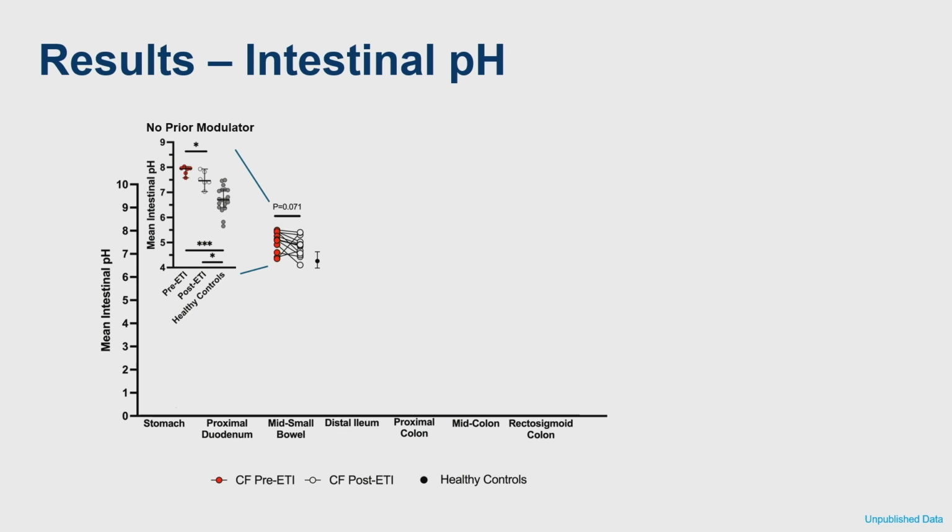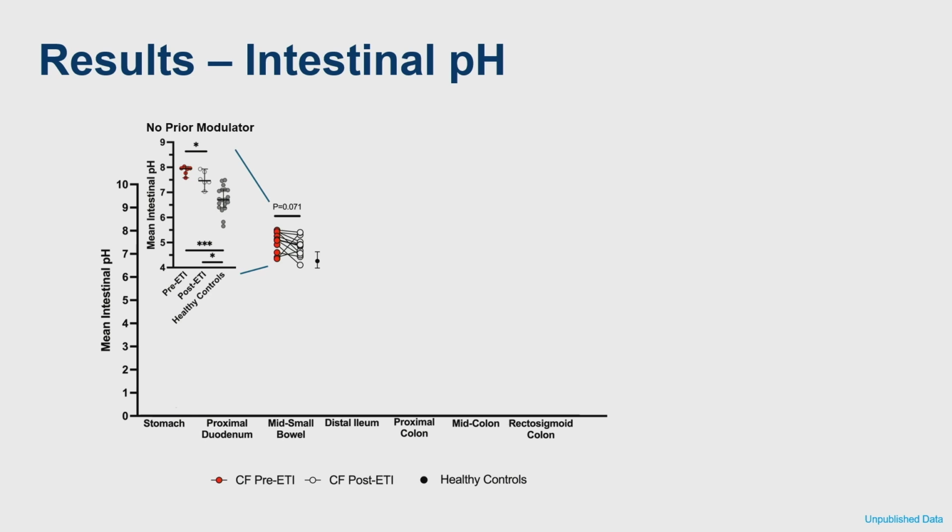Within this group, within the mid-small bowel, we actually can see a statistically significant change in pH. Now, it's actually a decrease in the pH rather than an increase, as we typically are thinking about, oh, is there a decrease in this pH because of lack of bicarbonate secretion and other things.